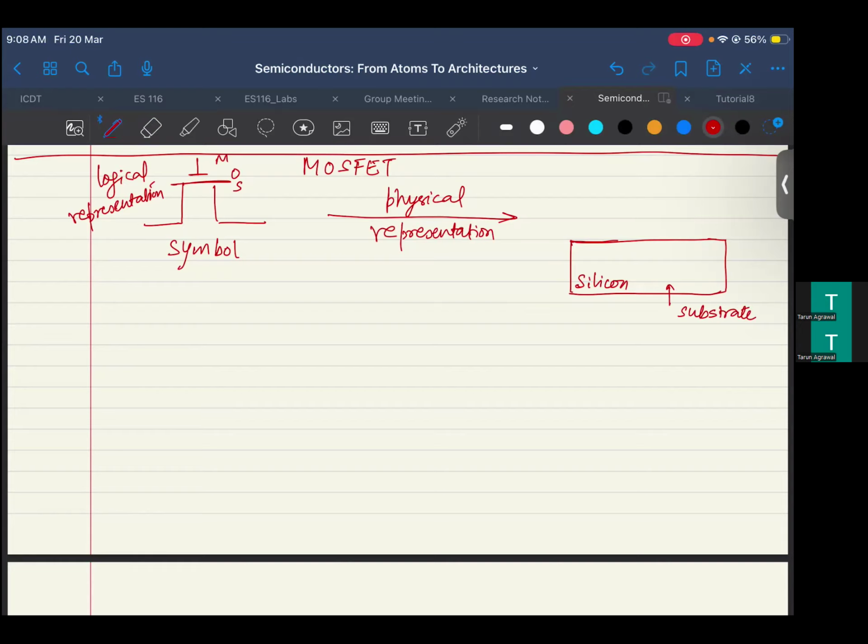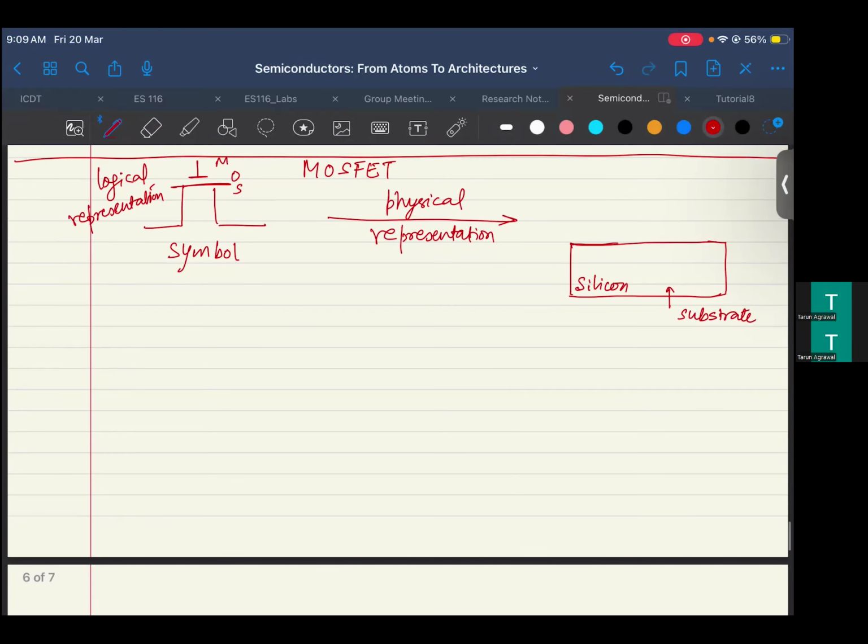On this substrate, silicon is a semiconductor. So this is also, in MOS, the semiconductor, right?